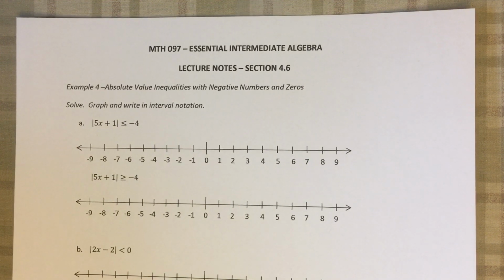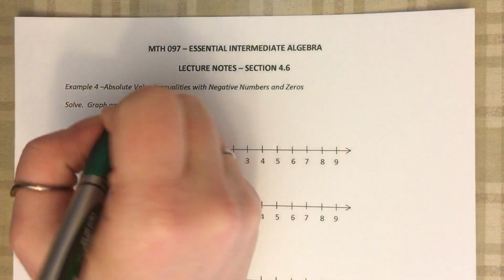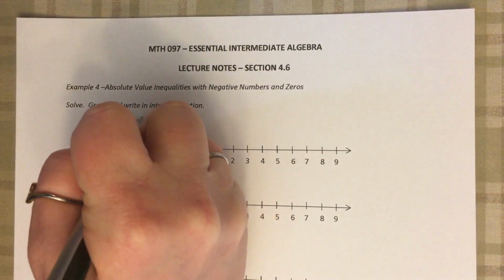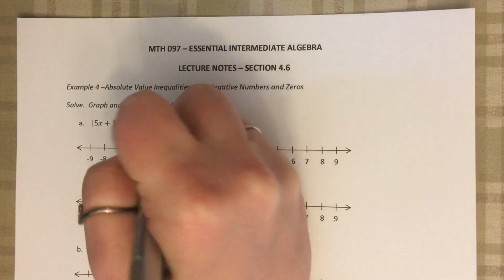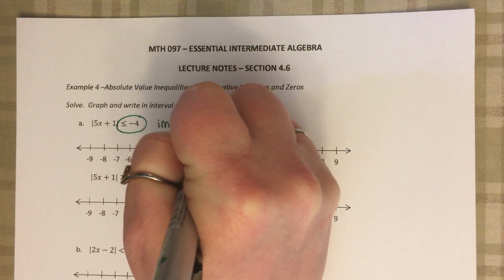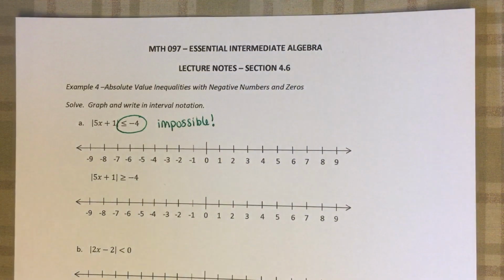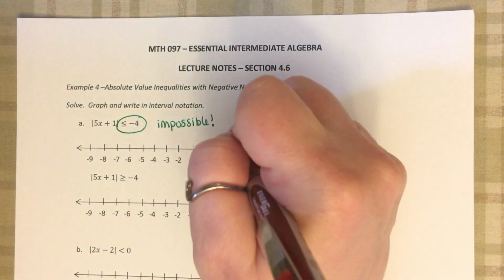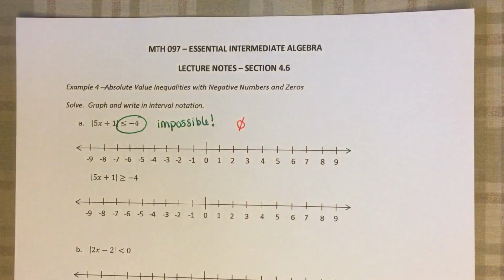5x plus 1 absolute value is less than negative 4. This part here, this less than negative 4, that is impossible. It is impossible for our absolute value to be less than a negative number or equal to a negative number. So if something's impossible, we don't have to work through the entire problem. We can jump right to the empty set.